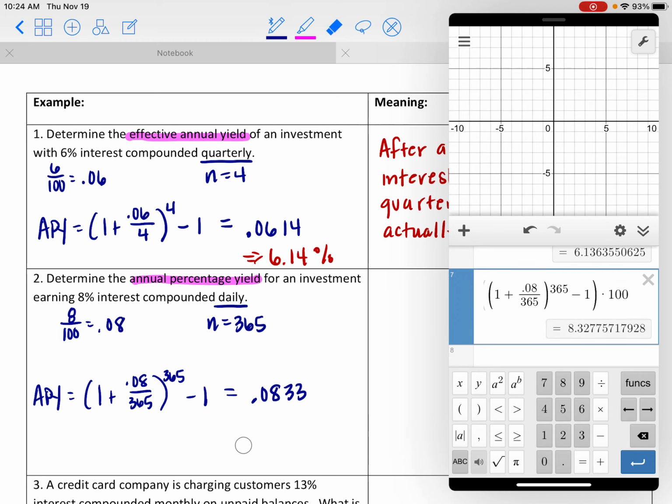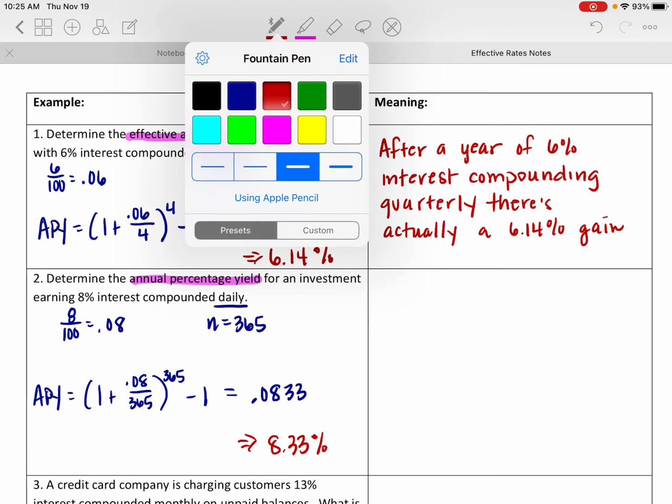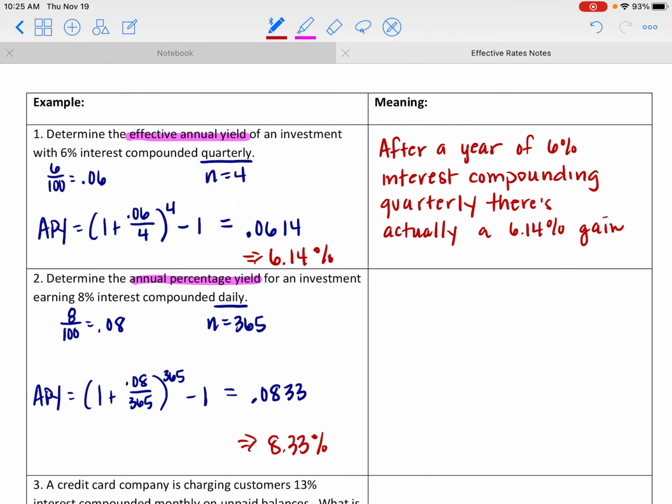So that is 8.33%. Okay, so again, if we had 8% interest compounding daily, at the end of the year, the investment will actually have gained 8.33%. So the real, and I'm just going to try to change up the wording so that you can, again, try to fully grasp.